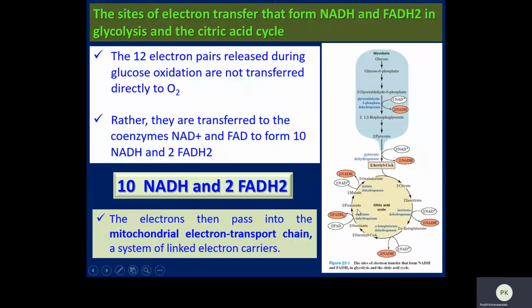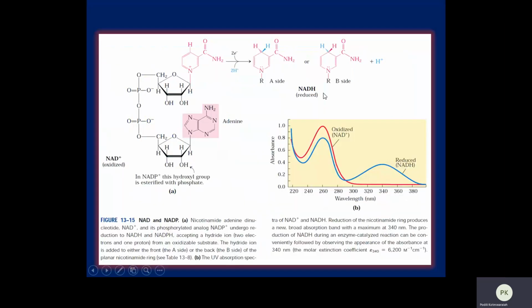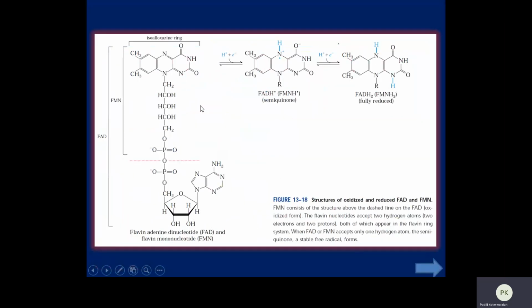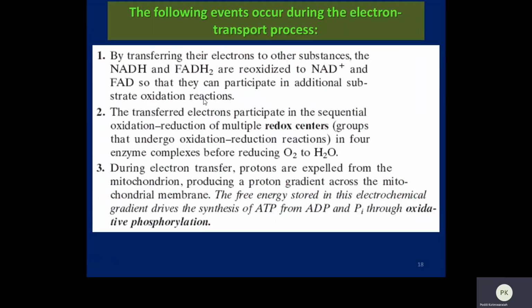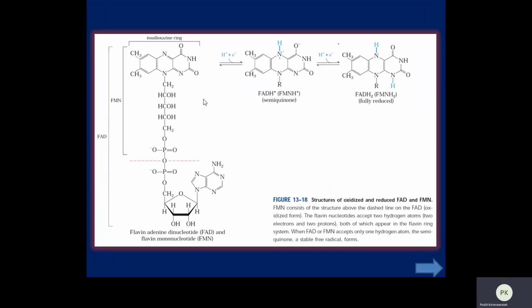and all these, 10 NADH and 2 FADH2 molecules, are high energy molecules. They have high energy electrons in their structure, and these high energy electrons are transferred to the molecular oxygen during the electron transport chain for the synthesis of the high energy molecule ATP.